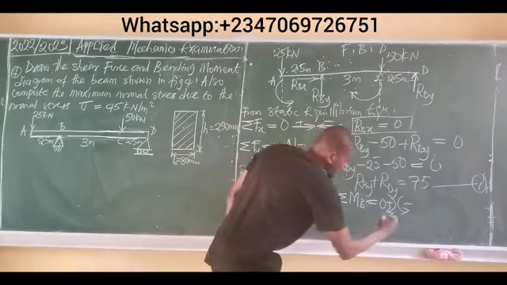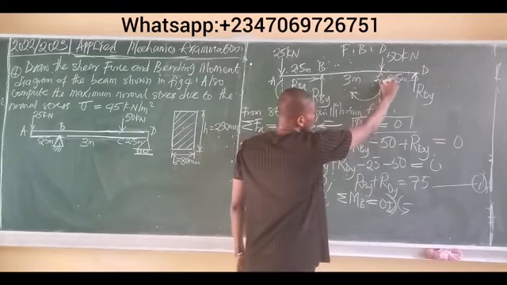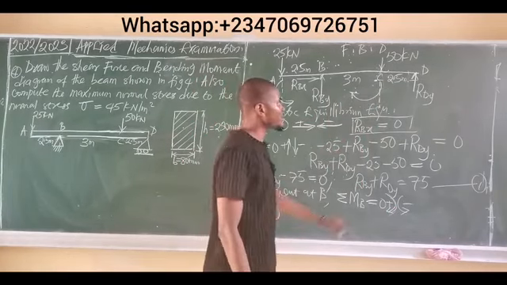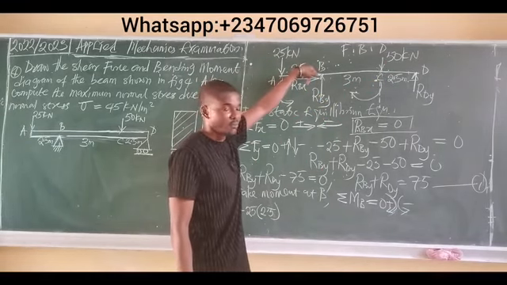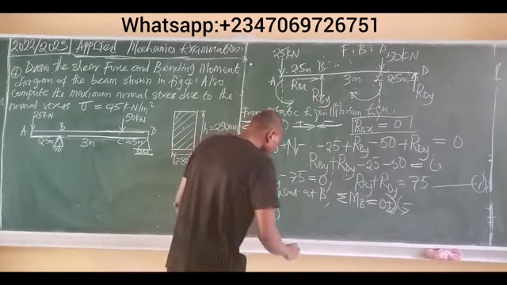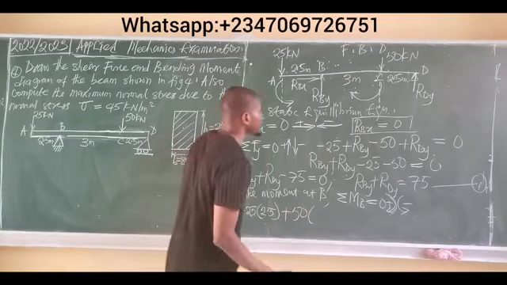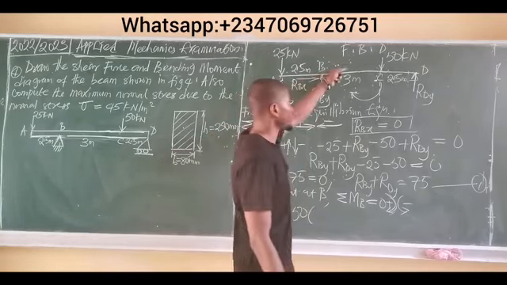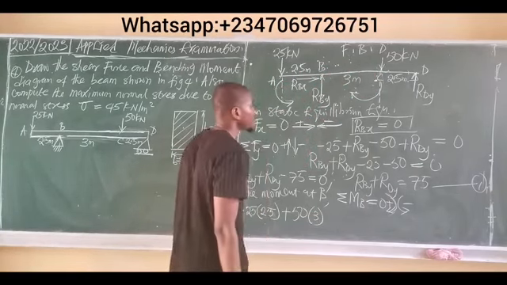We said let clockwise moment be positive, and this is purely clockwise turning. That means the moment of this force is positive about point B. So it becomes plus 50 times the total distance it takes this force to get to point B, which is 3 meters. So it becomes plus 50 times 3.